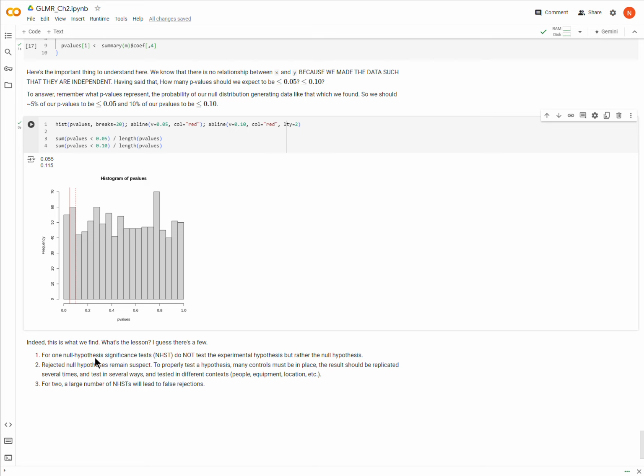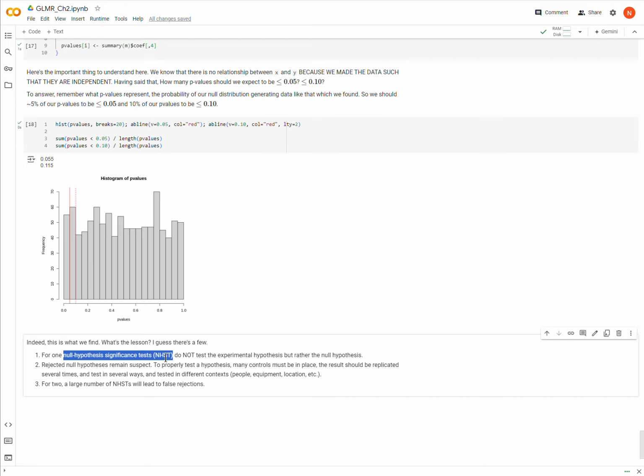I don't know what the lesson is, but there are a few lessons, and I'm probably leaving some out. Maybe the first one is that null hypothesis significance tests, which is what we've done when looking for the p-values, do not test the experimental hypothesis, but rather they test the null hypothesis. That's important to keep in mind.